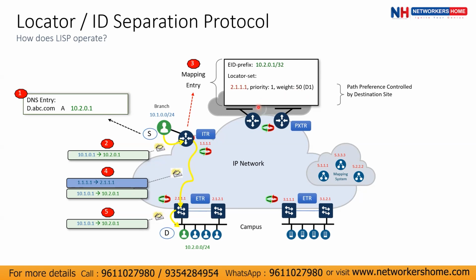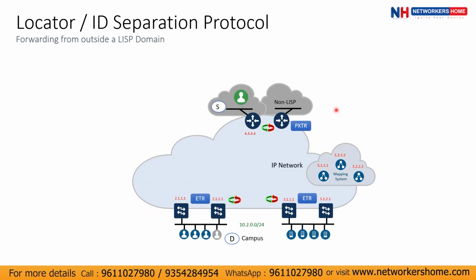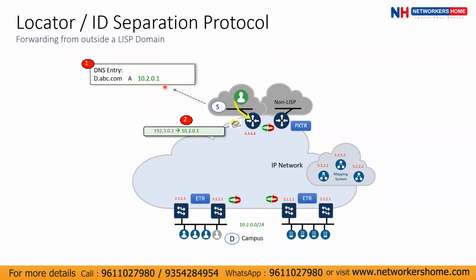Now forwarding the traffic outside the fabric edge. Same here, host A is trying to reach 10.2.0.1. It will forward that traffic to the fabric edge. Fabric will do the encapsulation.